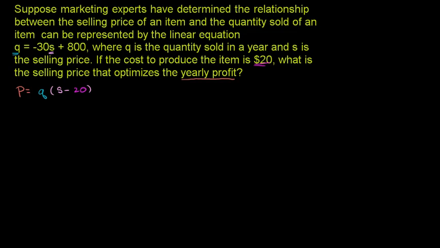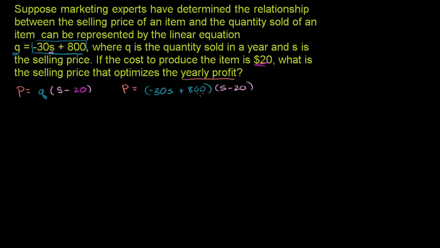So we can substitute this whole expression in for quantity. So what happens to our profit function then? We can rewrite it as negative 30S plus 800, times S minus 20.